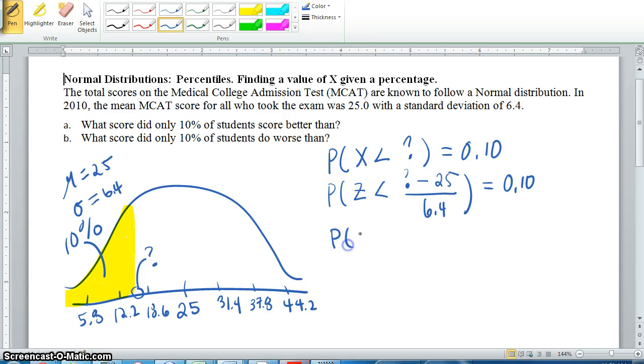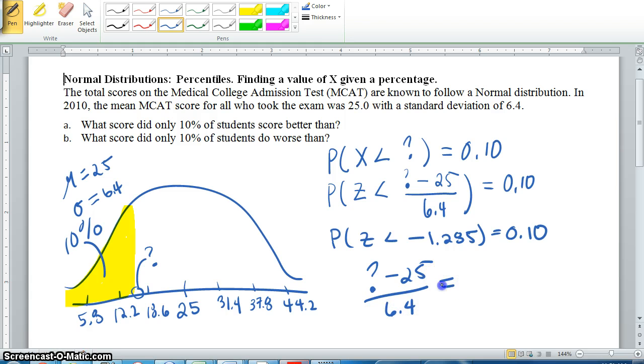So the probability that z is less than negative 1.285 is approximately 0.10, which means that my mystery score minus 25 divided by 6.4 is equal to negative 1.285.